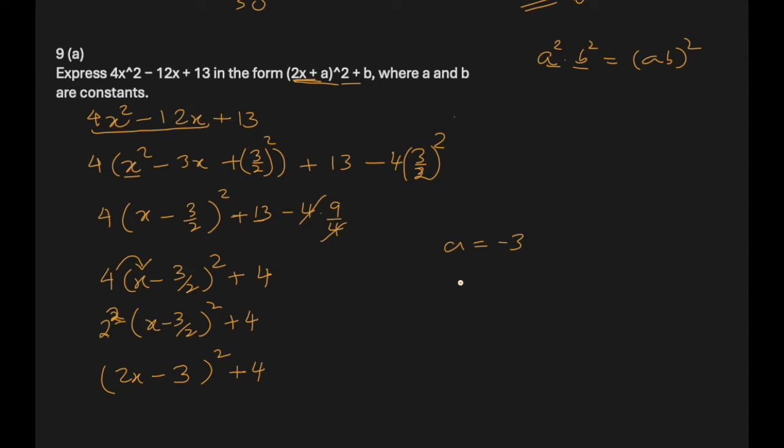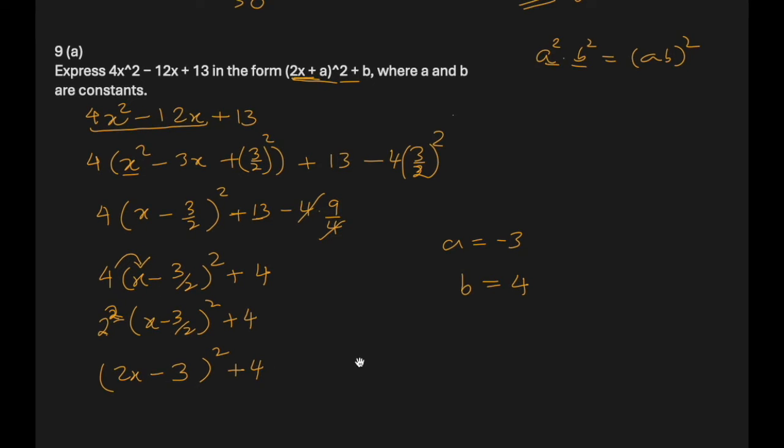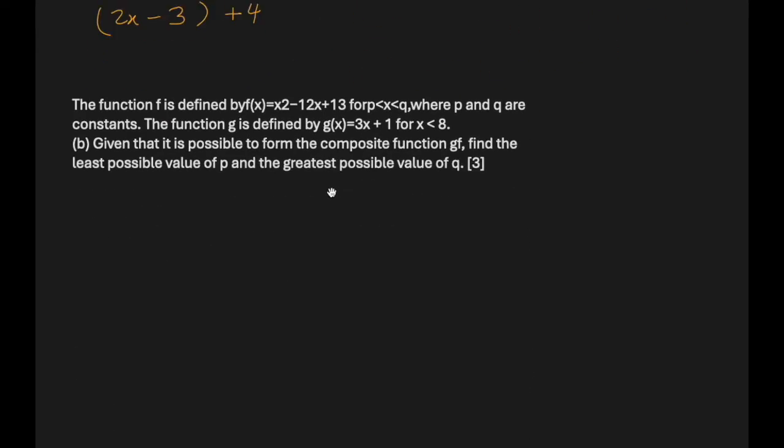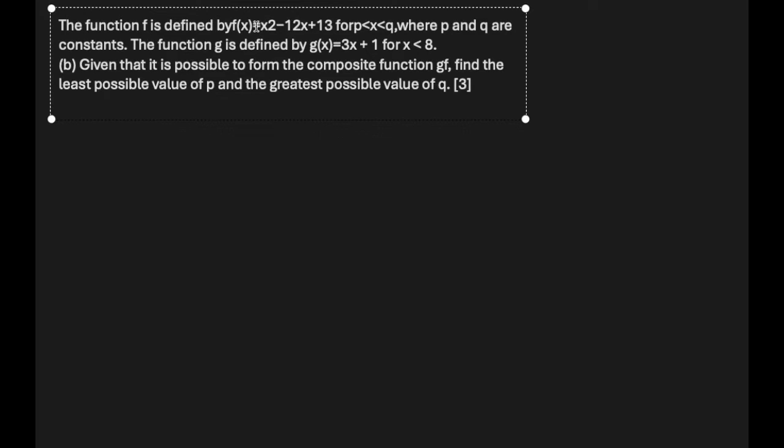Then b is 4. Minus 3 and 4 are the answers. If I would not have taken this 4 out in the initial phase, that would also help, but this I think is okay. It should be 4. Okay, now it matches.